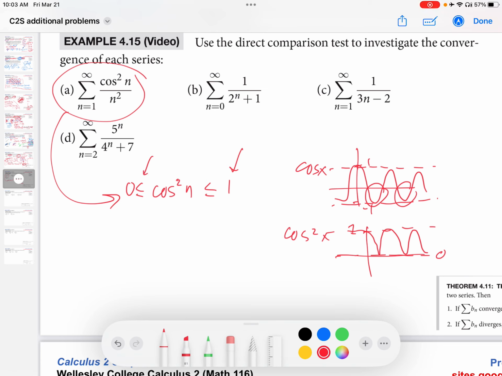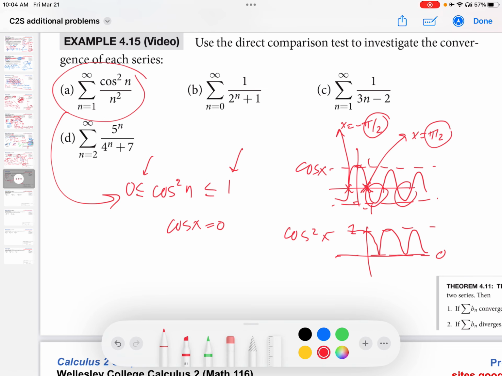Sometimes it's 0. But importantly for us, remember when cosine of x equals 0. For example, over here, that's when x is pi over 2, and over here, that's when x is minus pi over 2. These are all irrational numbers. They don't have terminating decimals or some repeating pattern in them.